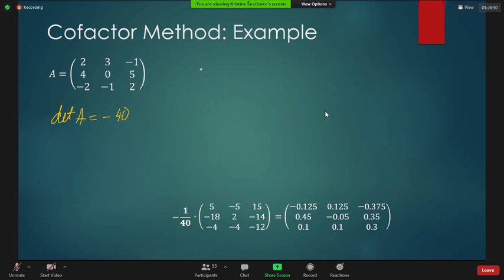it is advisable to place the cofactors in their correct places. Then you don't have to write the matrix C separately. So I would write cofactor 1,1, then cofactor 1,2, then cofactor 1,3.